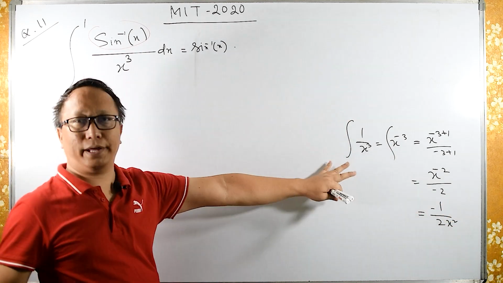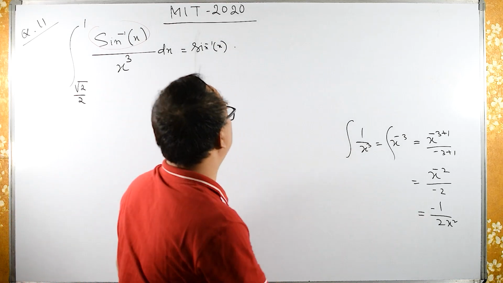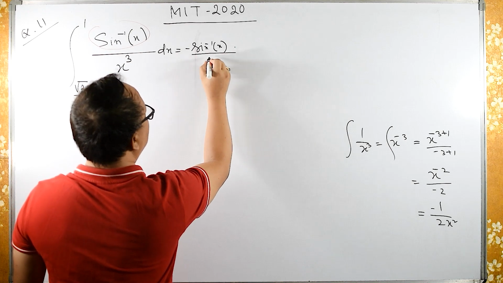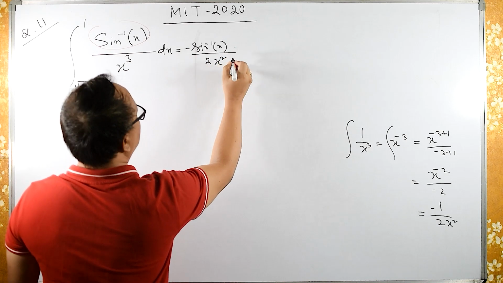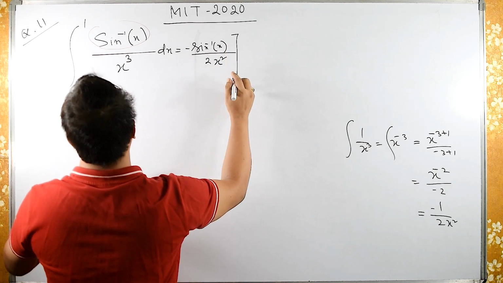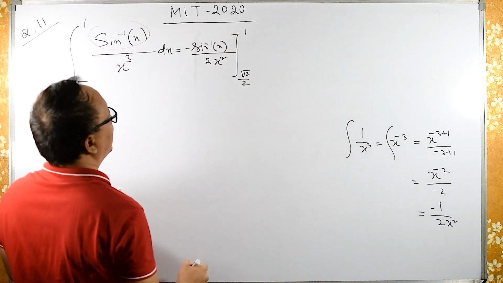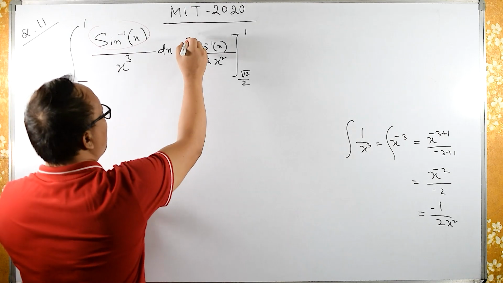So the integration of 1 by x cube is minus 1 by 2x square. So I can write minus this upon 2x square. The limit is from root 2 upon 2 to 1. Limits I will put later on.